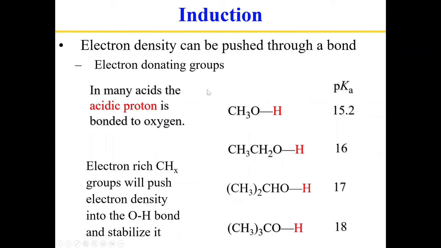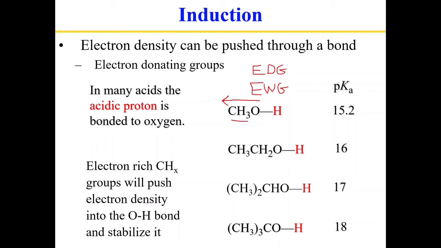So this introduces an important concept. Let's go ahead and draw this in. There are electron donating groups, EDG, and there are electron withdrawing groups. They're opposite of each other. Electron withdrawing groups pull electron density away from the acidic hydrogen.